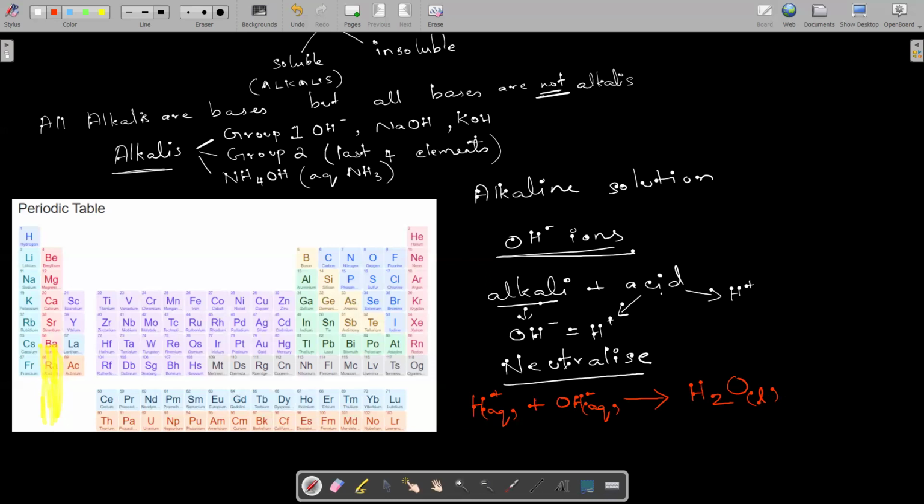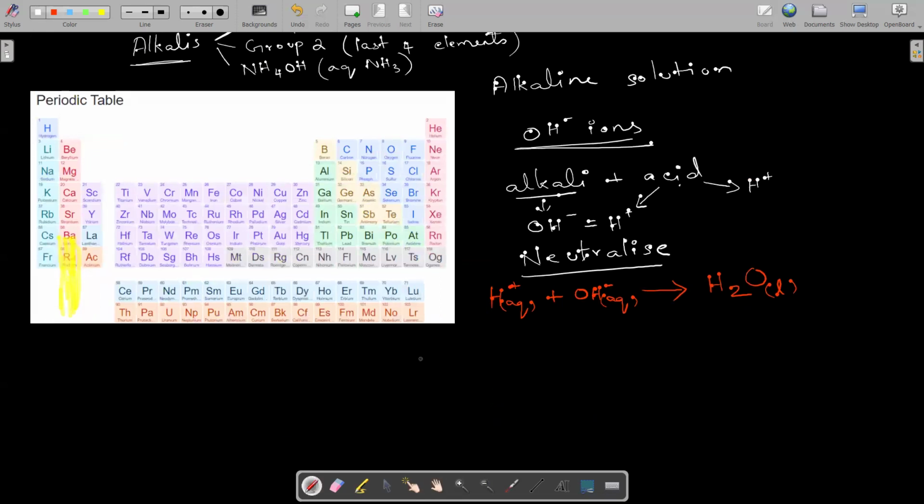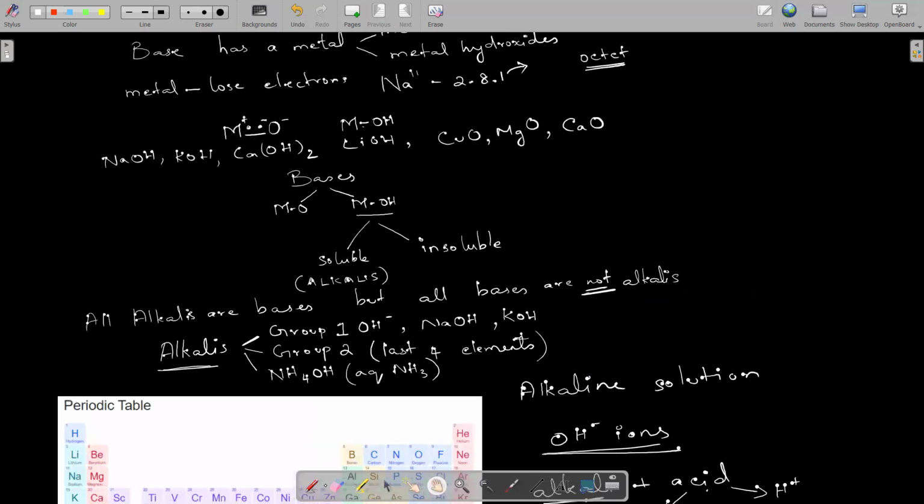This is a very important point that you should know, that all bases will neutralize acids. So whether they are metal oxides or metal hydroxides, soluble or insoluble, they will neutralize acids.